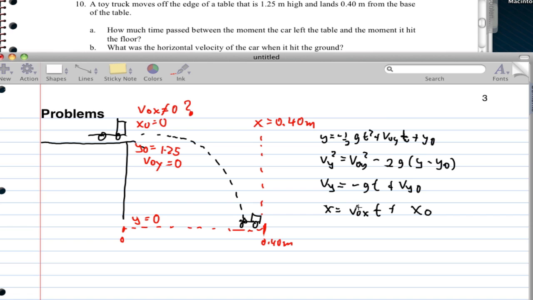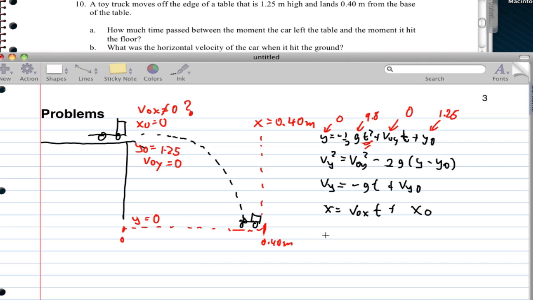So let's just start with the y equations to get time. I know that y is 0. I know that g is negative 9.8, or g is 9.8, I already got the negative sign there. V naught y is 0, and y naught is 1.25. So really my only unknown is t, so let's go ahead and plug in and solve.